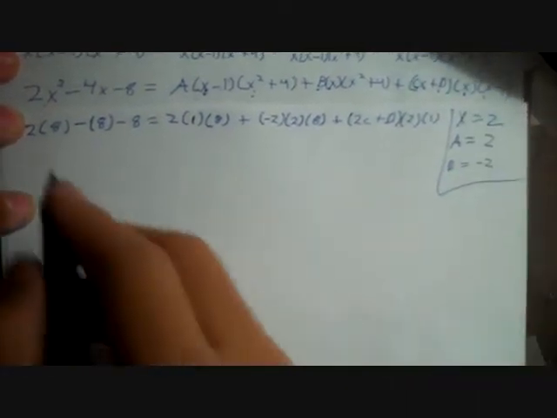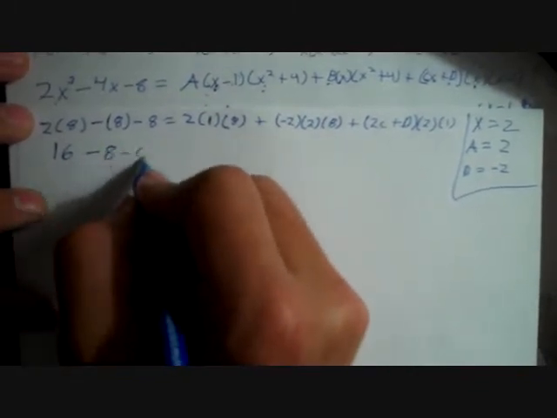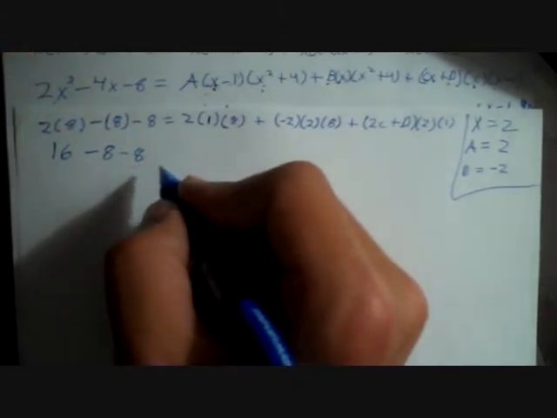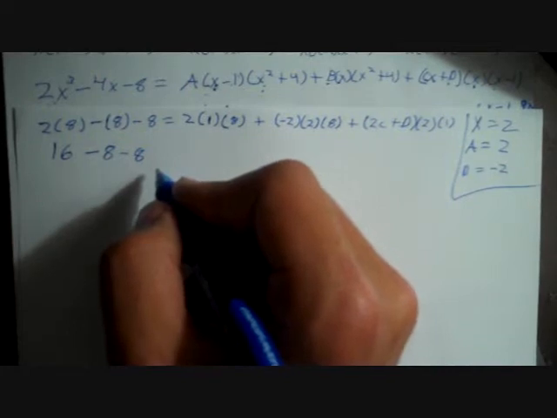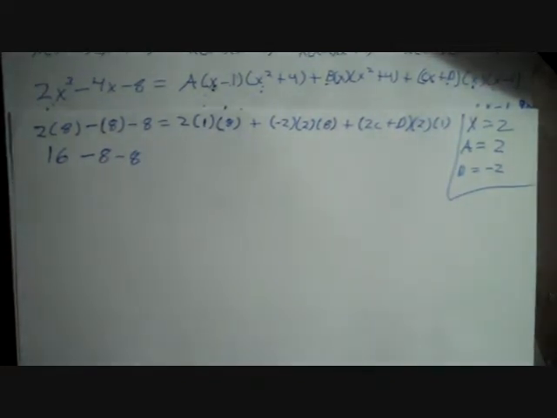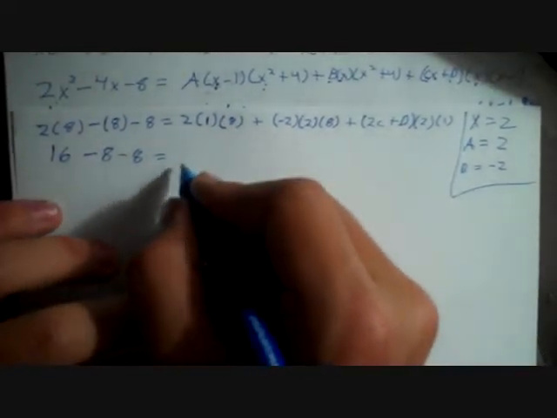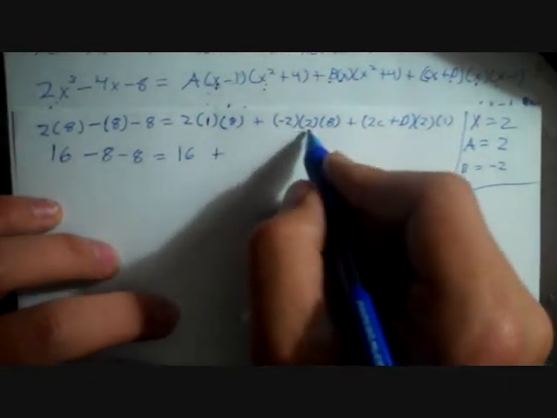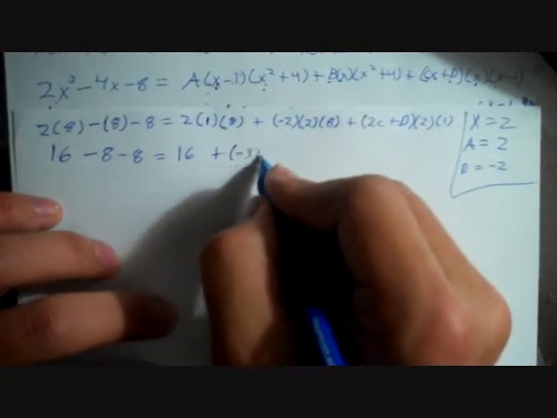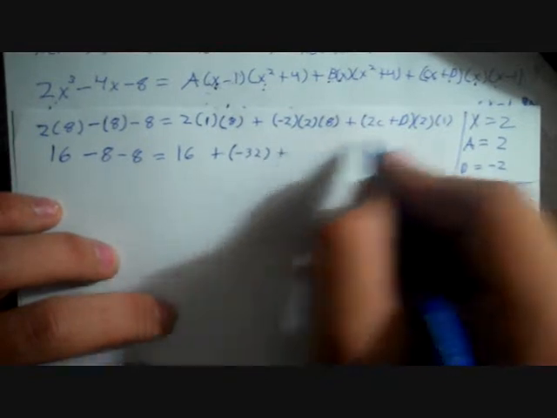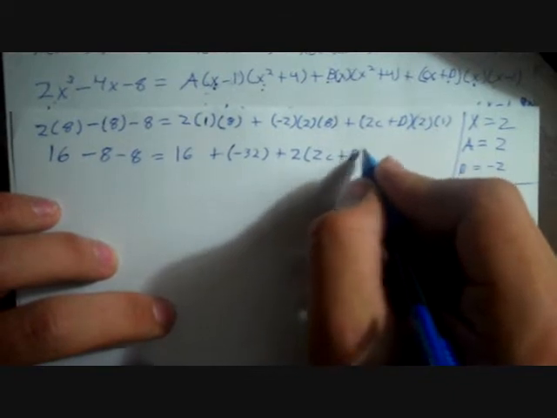So let's try to simplify this. So we have 16 minus 8 equals 16 plus, well, 16 times negative 2 is negative 32, plus 2 times 2c plus d.